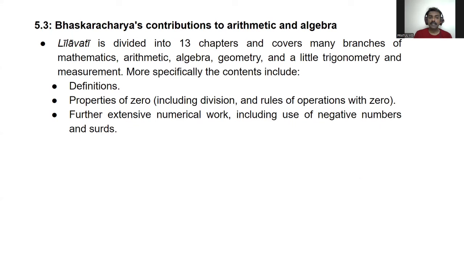The Lilavati was divided into 13 chapters, which cover major branches of arithmetic, algebra, geometry, and a little bit of trigonometry. It included definitions, some properties of zeros, properties of divisions, rules of operations with zeros, and he also did extensive work on negative numbers and surds.